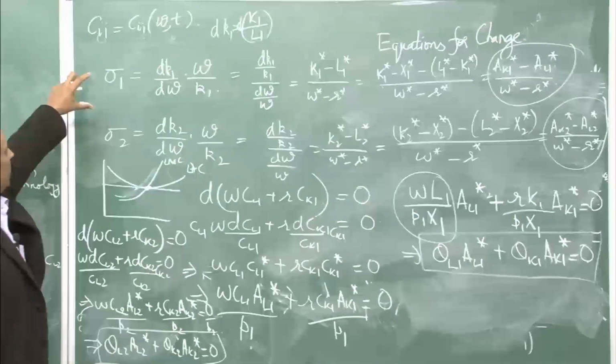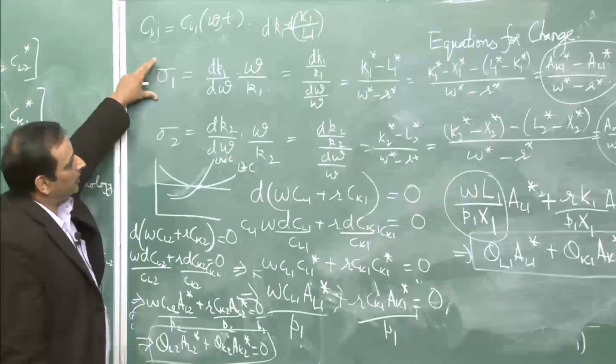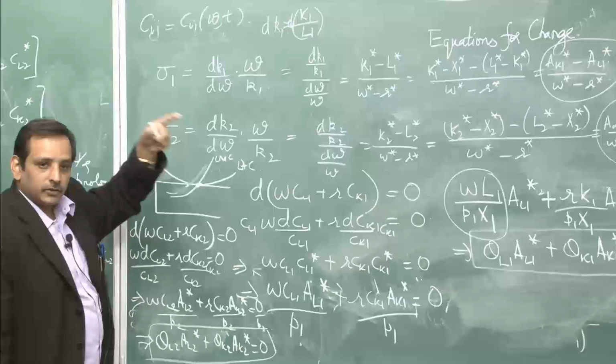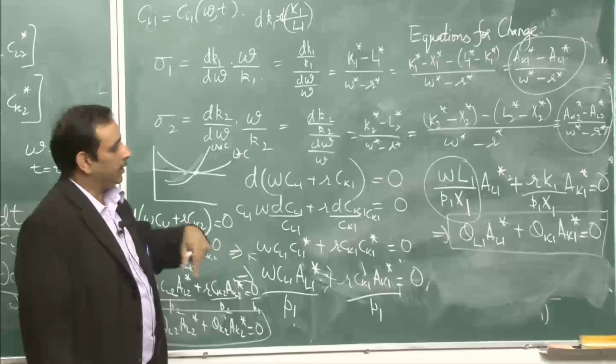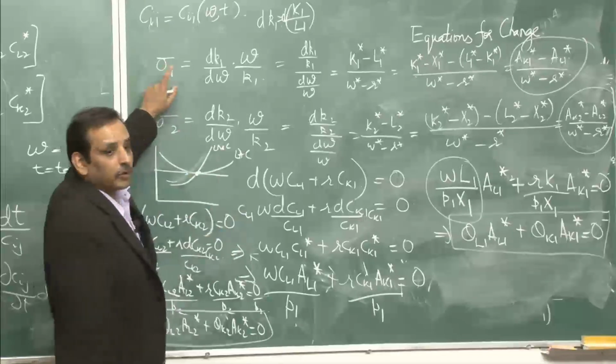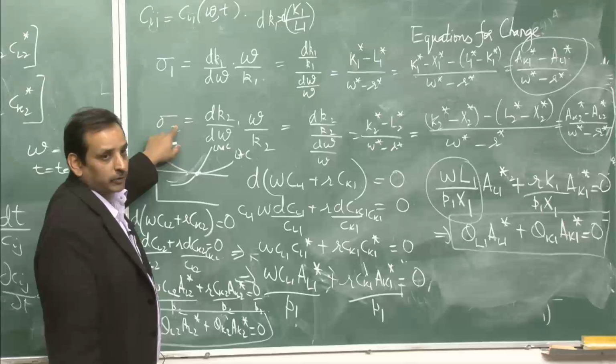And then we need to get what would be AK1 star, AL1 star, AK2 star, AL2 star in terms of this elasticity of substitution.